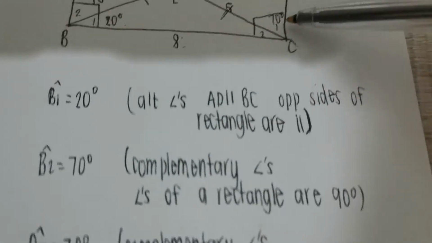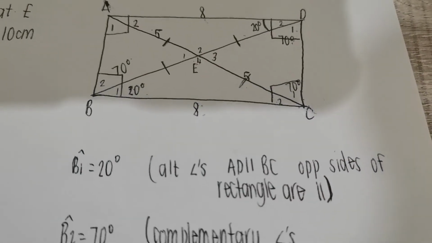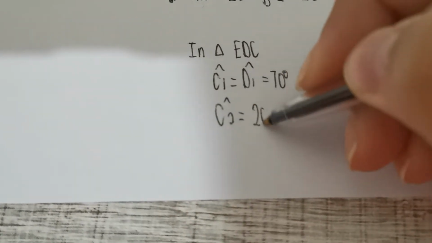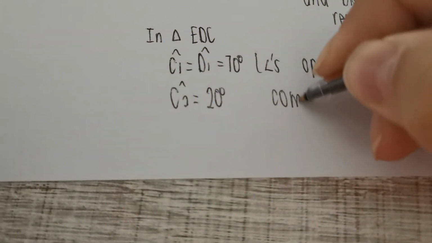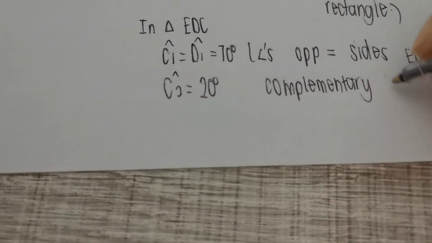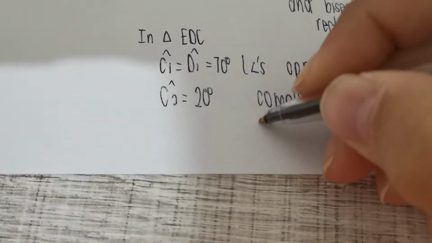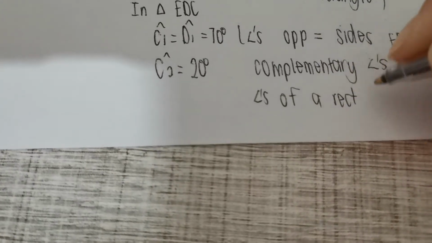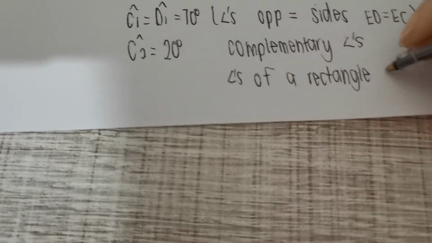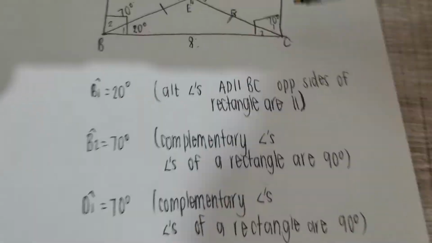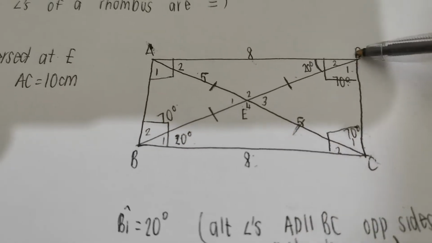Okay, now that we know that this one here is 70 degrees, we now know C2 is 20 degrees. Reason for this, complementary angles. Okay, how do we know this? And then once we know that this one here is 70 degrees, see our Z, A1 is equal to 70 degrees.